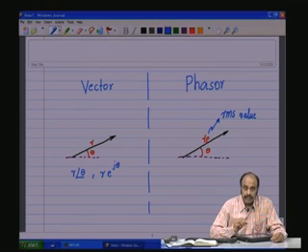So, effectively the phasor and vector look the same, but in the amplitude, in the case of the vector diagram, the vector amplitude is the exact vector amplitude. In the case of the phasor, the amplitude of that arrow is the effective value, which is the RMS value of the signal.